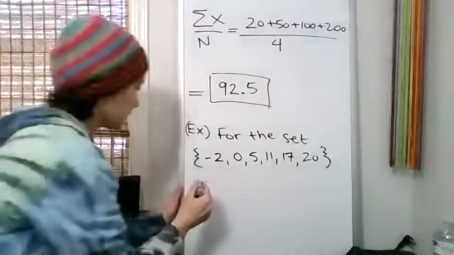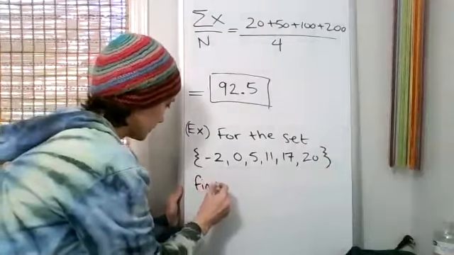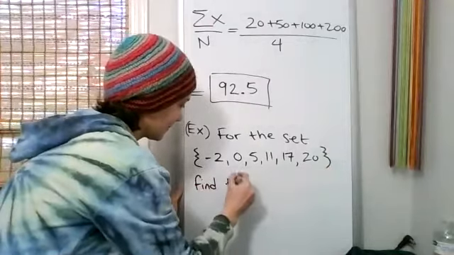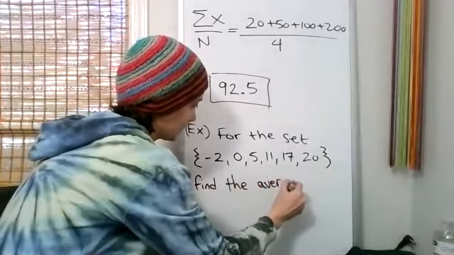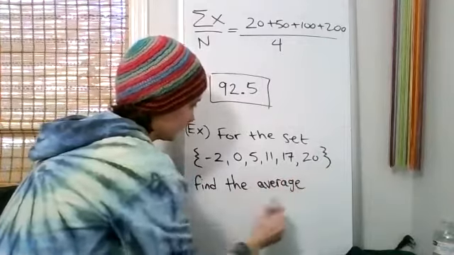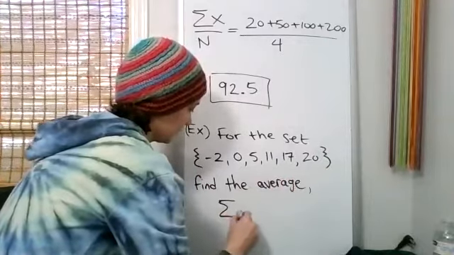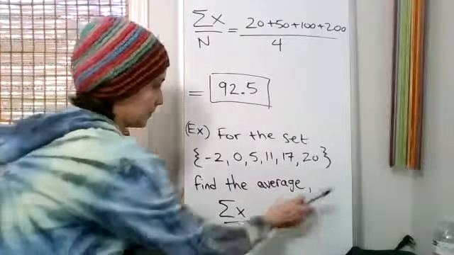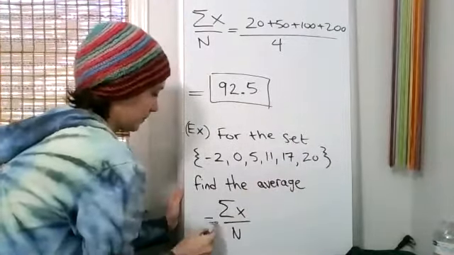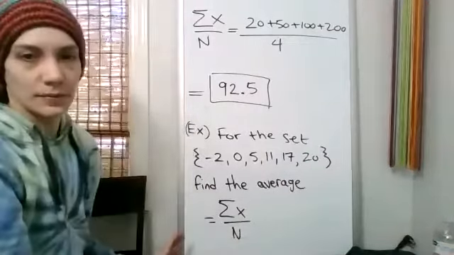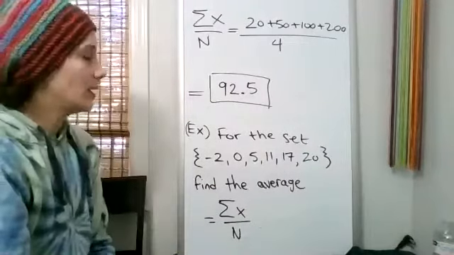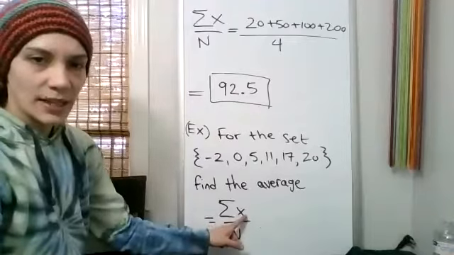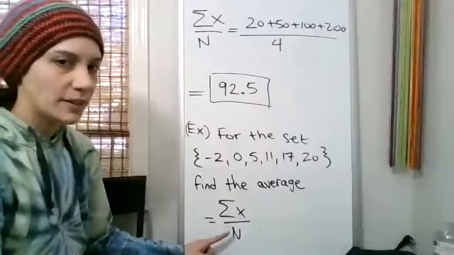Find the average. So add these values together and divide by the total number of values that you have.